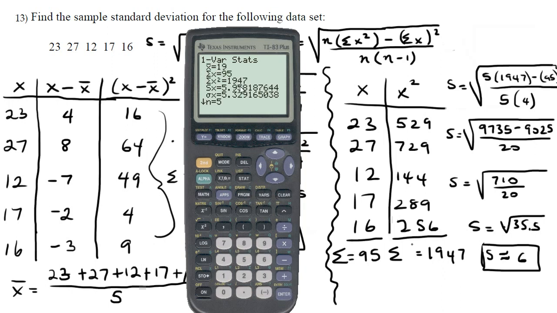Enter. So my mean is 19, as we found before. The sum of the X's, 95. The sum of the X squareds, 1947. S of X, the sample standard deviation, 5.95, which we rounded to 6. The population standard deviation, 5.3, if we wanted that.